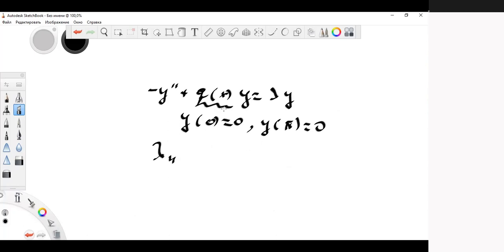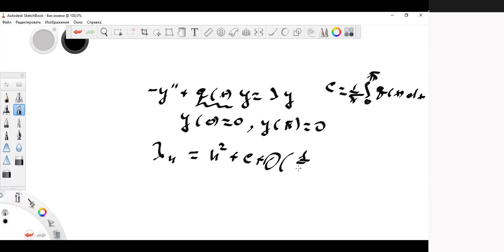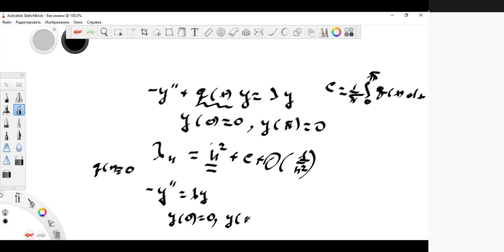Under some differentiability condition on q, the eigenvalues' asymptotics will be lambda n equals n squared plus c, the mean value of the potential q(x) over pi, plus a remainder behaving like 1 over n squared. But the first term of the asymptotics is in fact the eigenvalue of the next problem: if you take q(x) equal to 0, you get the problem y'' equals lambda y with y(0) equals 0 and y(pi) equals 0, whose eigenvalues are mu n equals n squared.